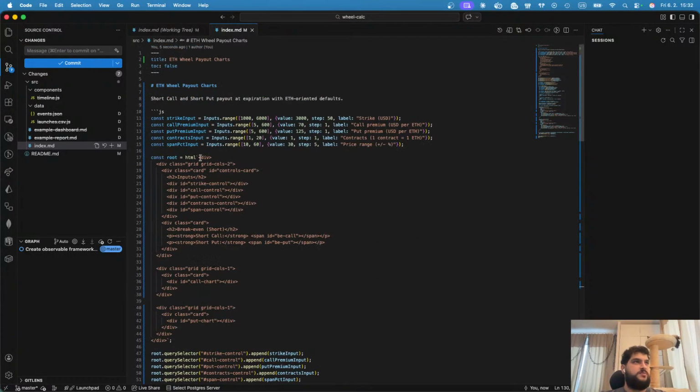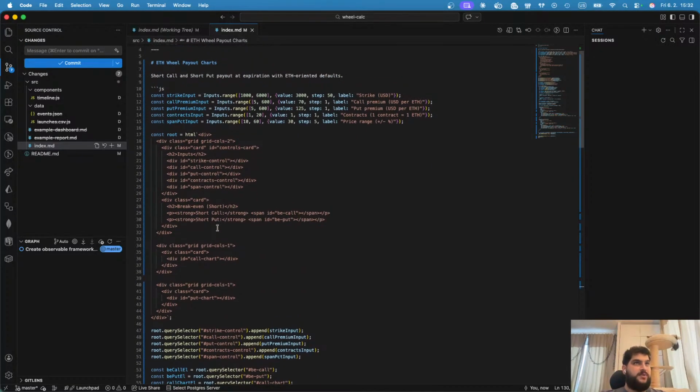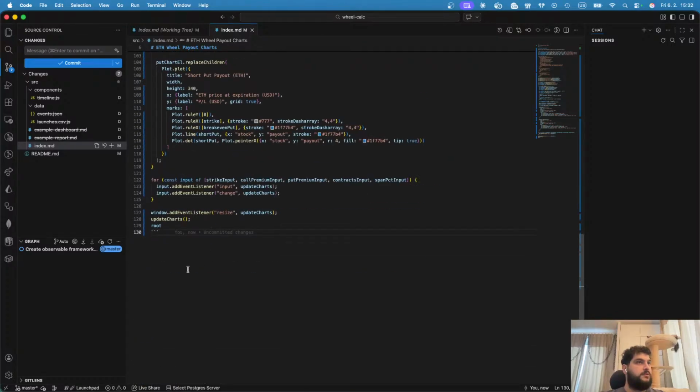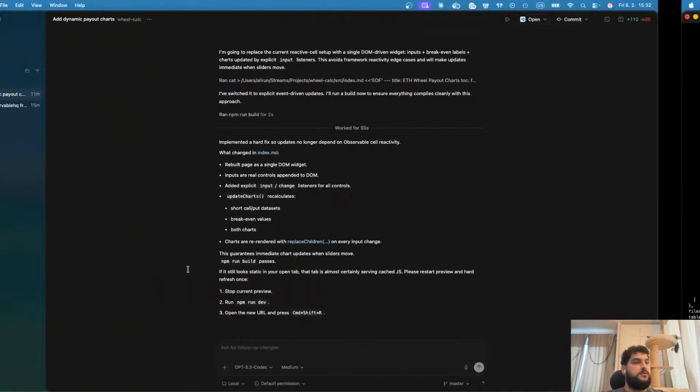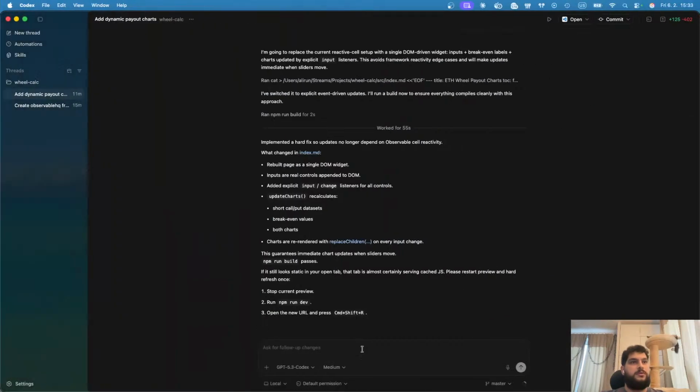What is this? It should be observable, reactive by default. Now I see nothing.